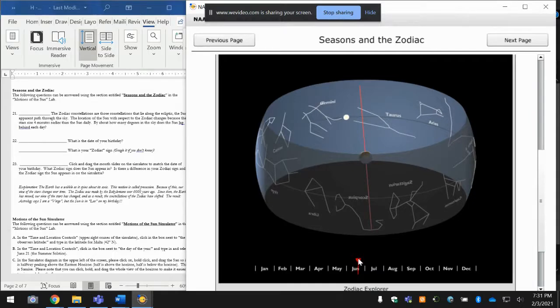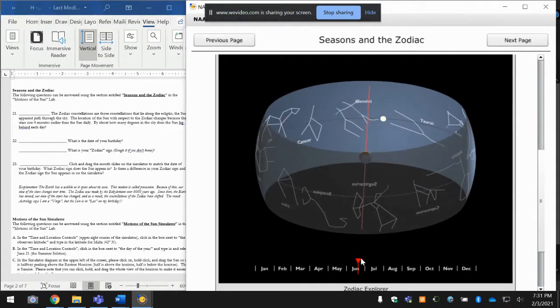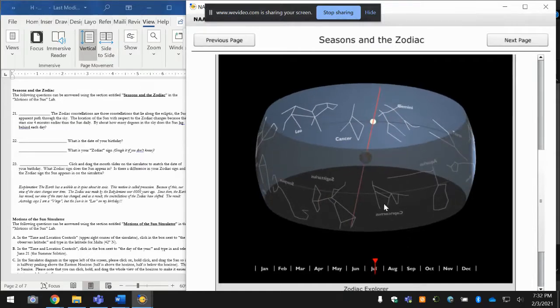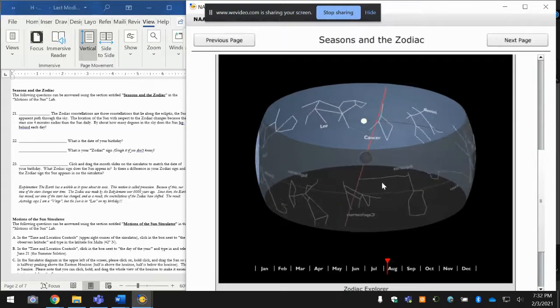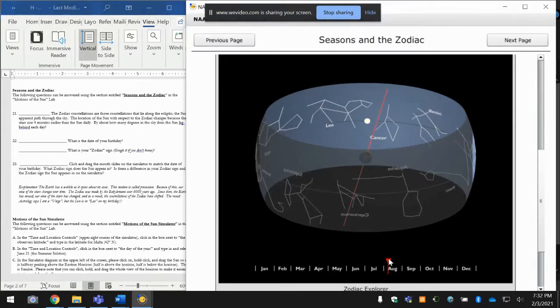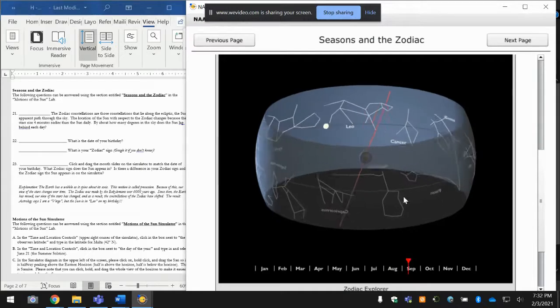And in mid-June, then you'd become Gemini. And Gemini would take you through mid-July. And then if you're in mid-July to late July, you'd be Cancer. And Cancer takes you through to early August, and then you become Leo. And you're still Leo all the way through till about mid-September.